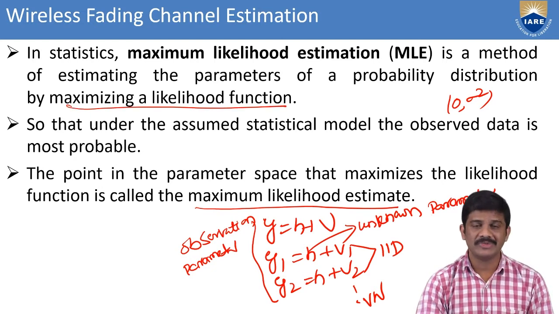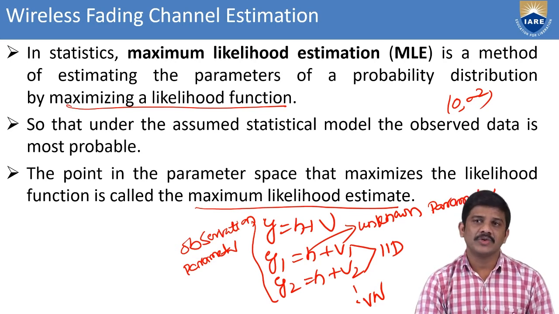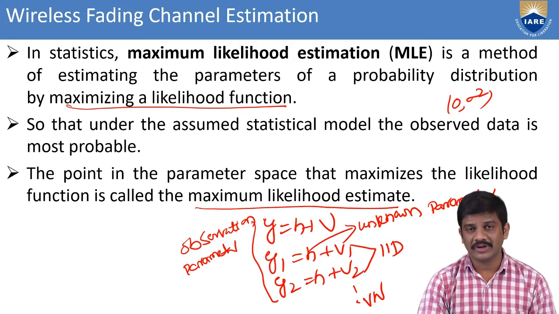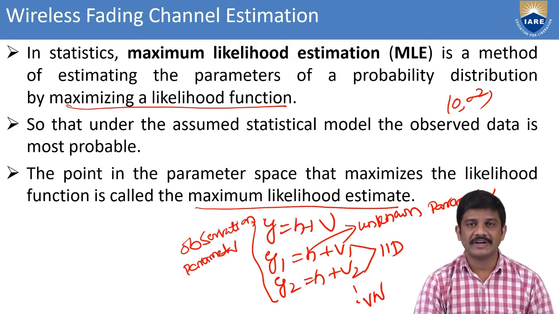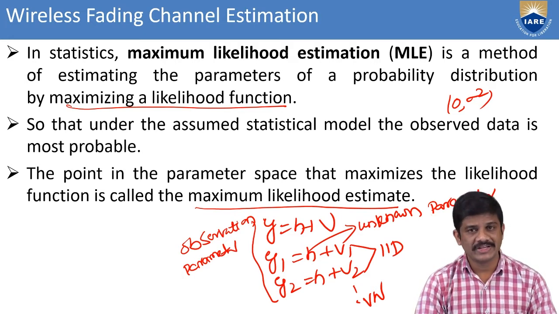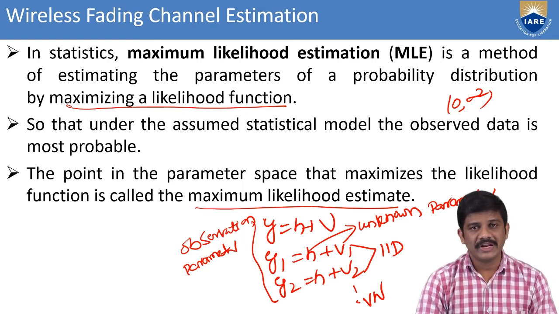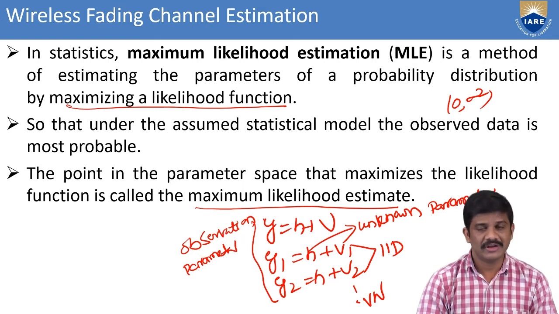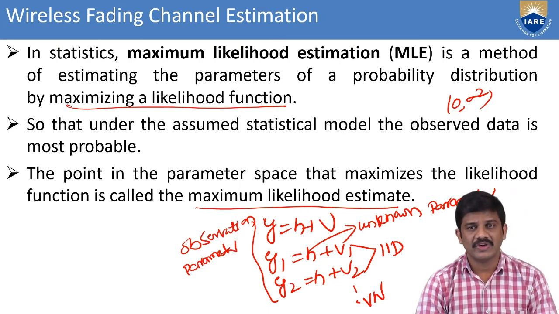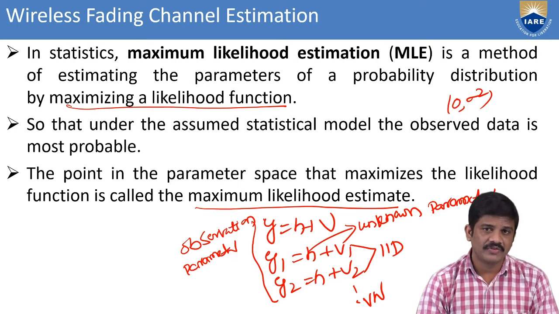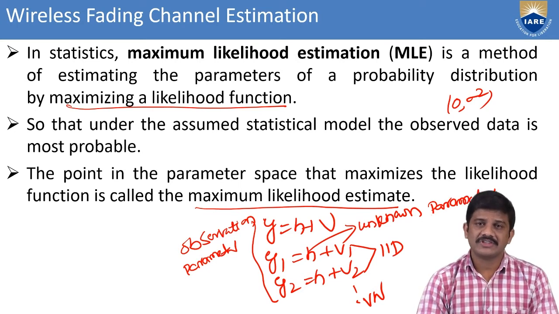What are the unknown or known parameters in the observation model? In the one observation model we have the observation parameter, the unknown parameter, and also the variance. These come under the statistical model.